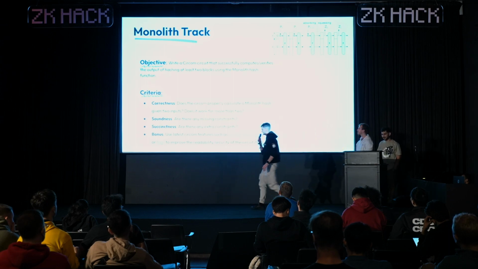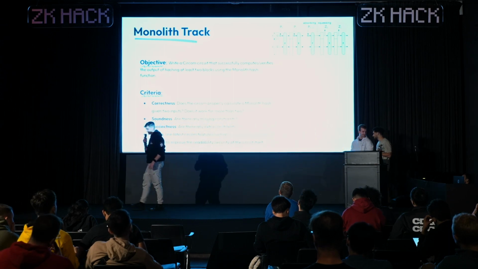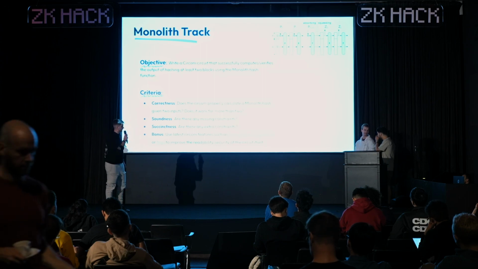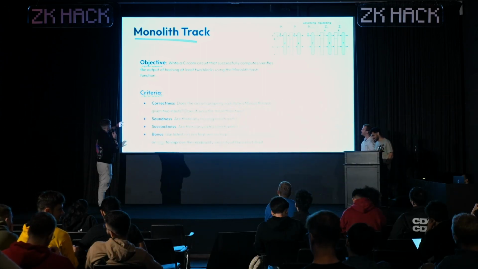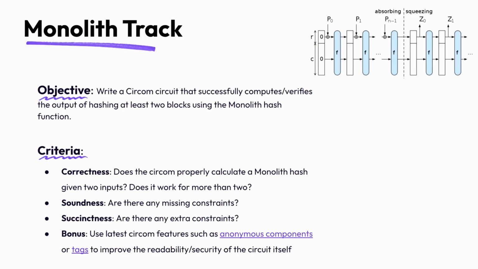Okay, so the first track, even if it looks very specific, there is a very good reason why we want to build the Monolith. The main reason is that right now, underlying all the zkEVM, we are using Poseidon for everything, except where you have to use SHA-256.